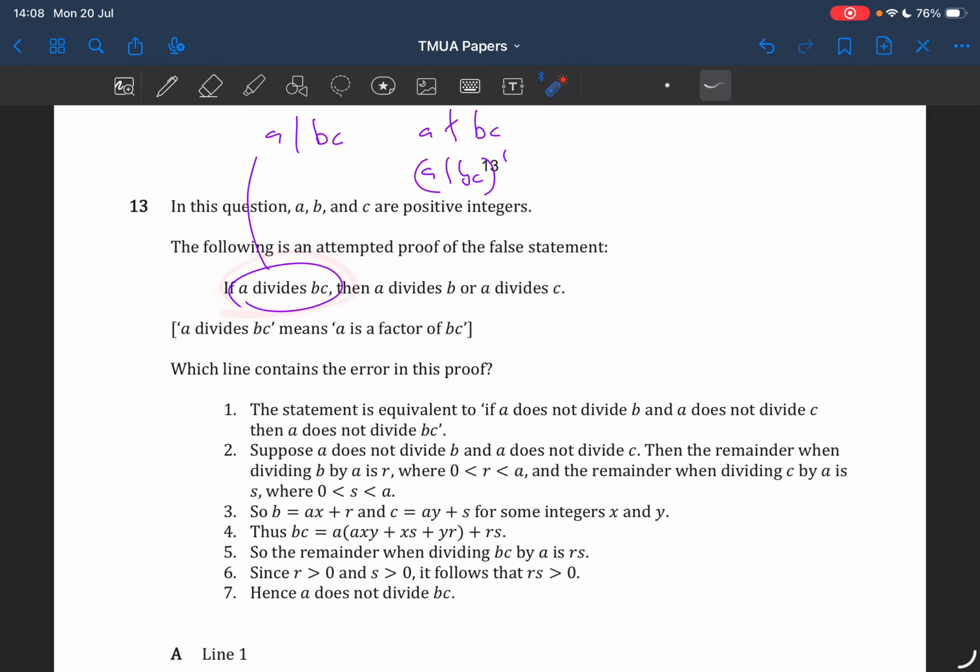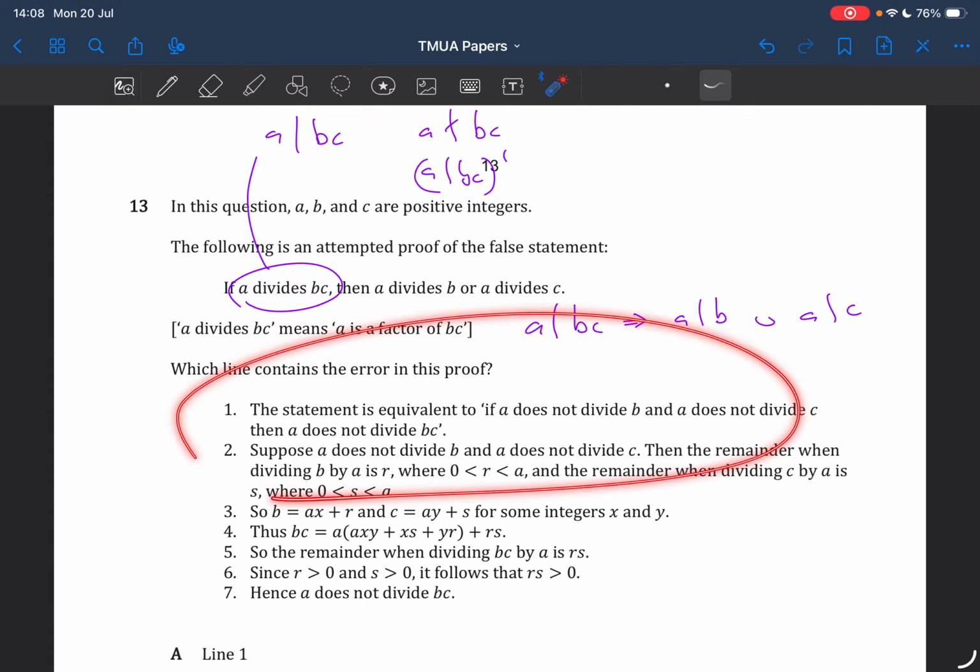If A divides BC, then that implies A divides B or A divides C. This statement down here, statement 1, is equivalent to, so this is something called a contrapositive.